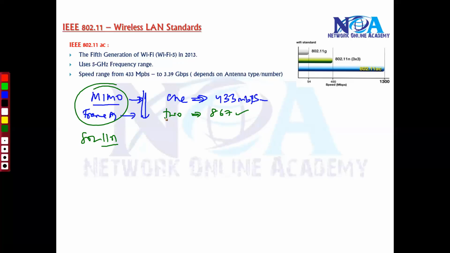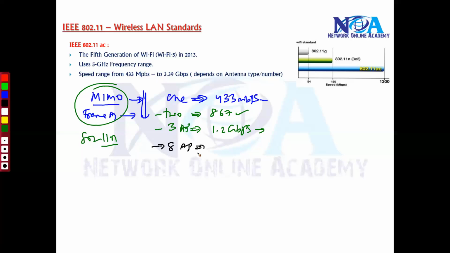And if it is using three antennas, probably on an access point, laptop or PC, it can offer up to around 1.2 gig. Again, that will increase as you increase the number of antennas depending upon the access point.